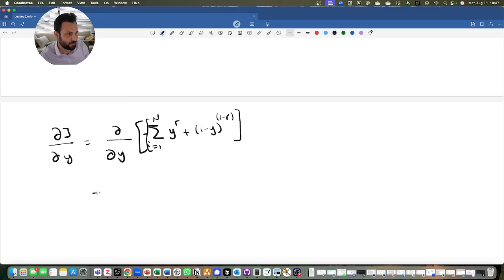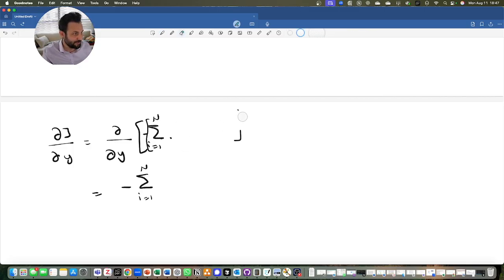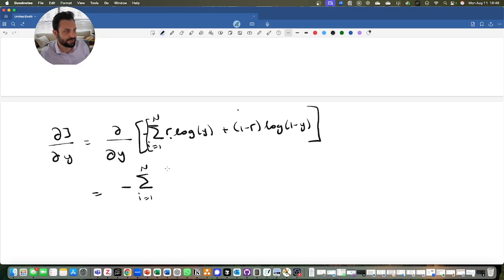All right, so which is equal to, again, I can take the derivative inside my summation. Whoops, I confused it so much. I already did the log likelihood calculation. So it's going to be r log y plus 1 minus r log 1 minus y, close parentheses. I'm taking the derivative with respect to y.